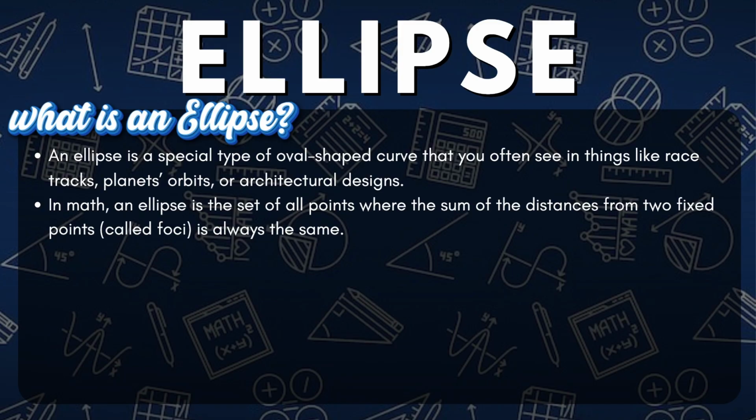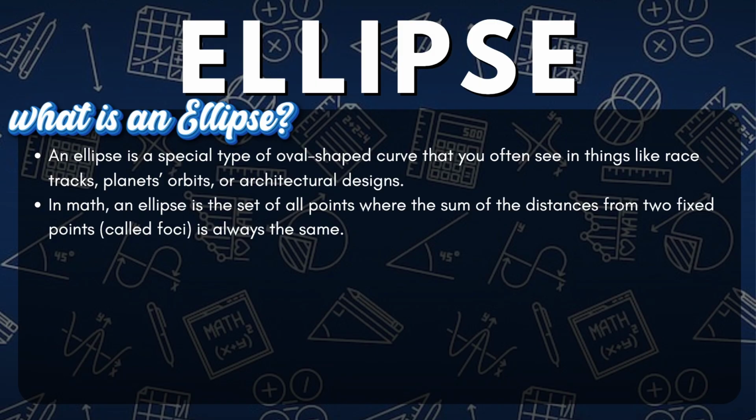So in math, an ellipse is the set of all points where the sum of the distances from two fixed points, called foci, always stays the same. This can also be defined as the locus of points whose distance from the focus is proportional to the horizontal distance from the directrix.